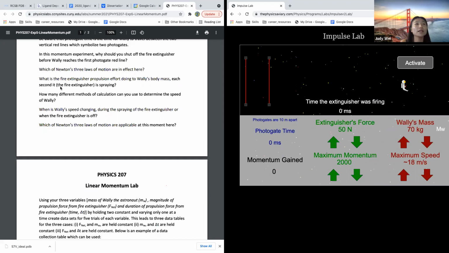Oh, they only ask what the Newton's third law applied here is, because when the extinguisher is doing propulsion, the outer space gives the opposite force to the extinguisher and astronaut. So this is Newton's third law. But you don't have to say that; as long as you can explain it well and make it clear, it should be fine, I think.